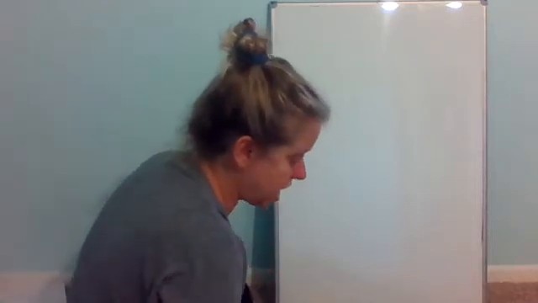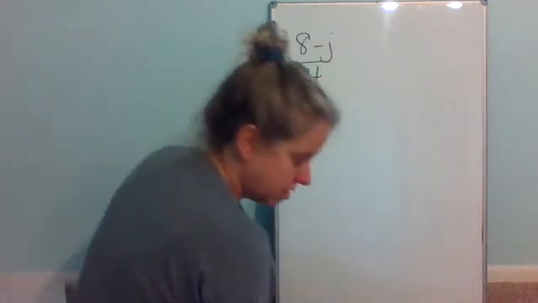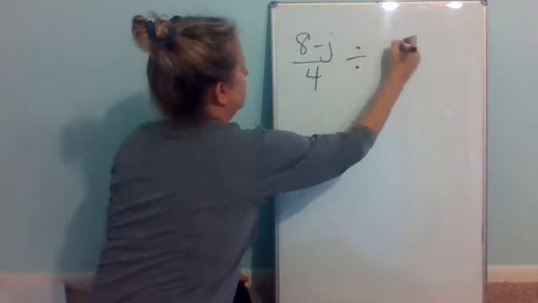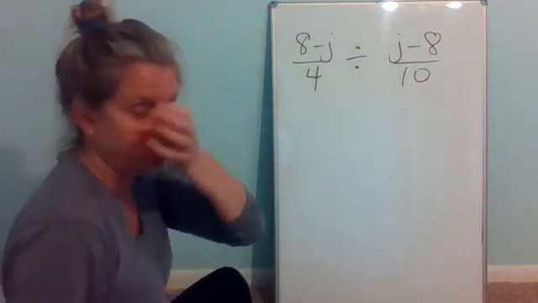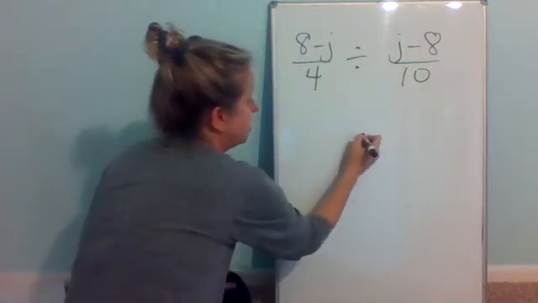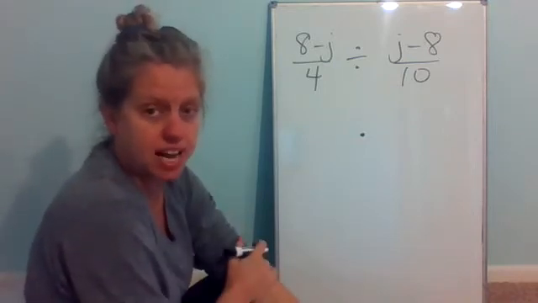I've got 8 minus j over 4 divided by j minus 8 over 10. First of all, it's division, which means my first step is to rewrite and flip the second fraction.